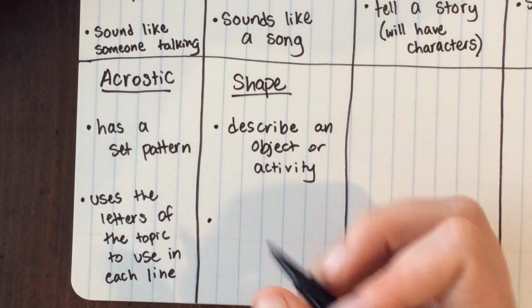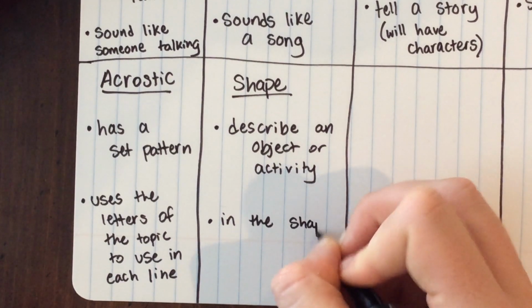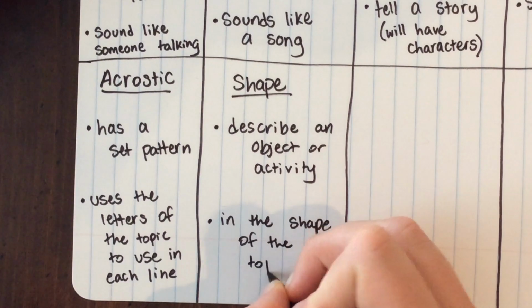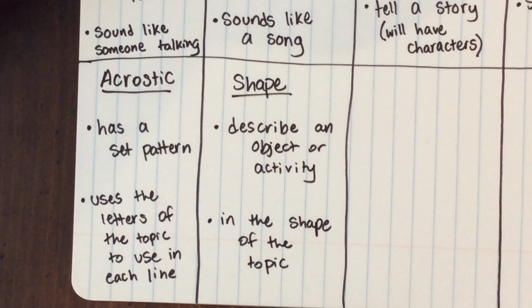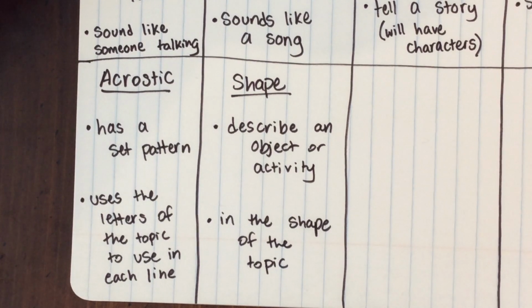And they also are in the shape of the topic. So if my poem is about basketball, then the poem would be shaped to look like a basketball. If my poem was about trees, the lines might be broken up and have different line breaks to make the poem look like a tree.